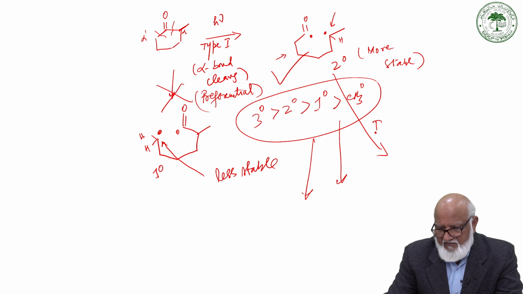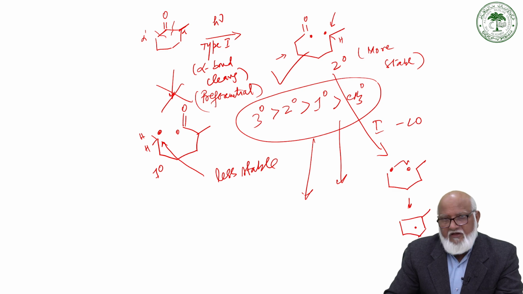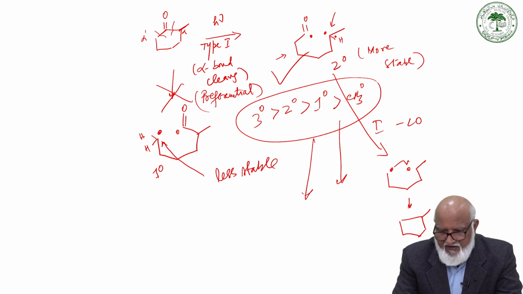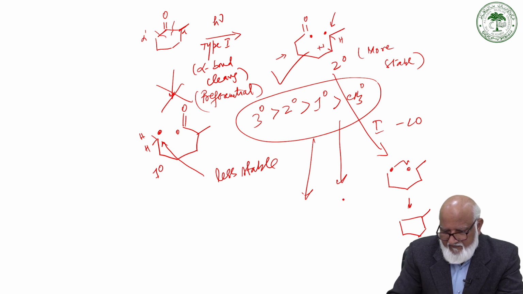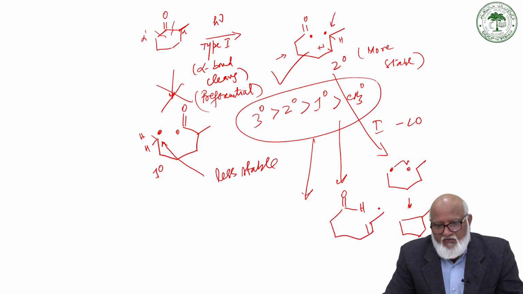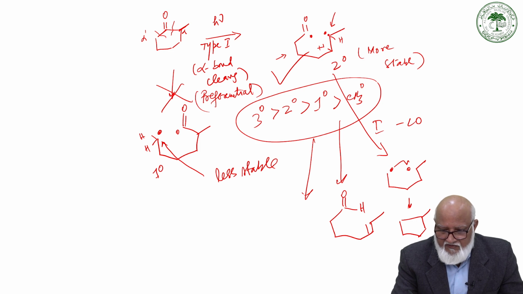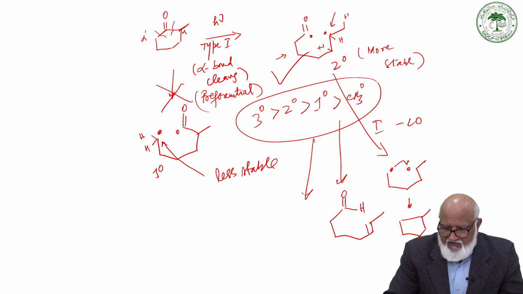Number one, minus CO to give this radical, and then this will combine to give a carbocyclic system. This will abstract a hydrogen atom from here to give an aldehyde. So the rest of the reaction is going to be the same. It can also abstract a hydrogen atom from here to give a double bond here.